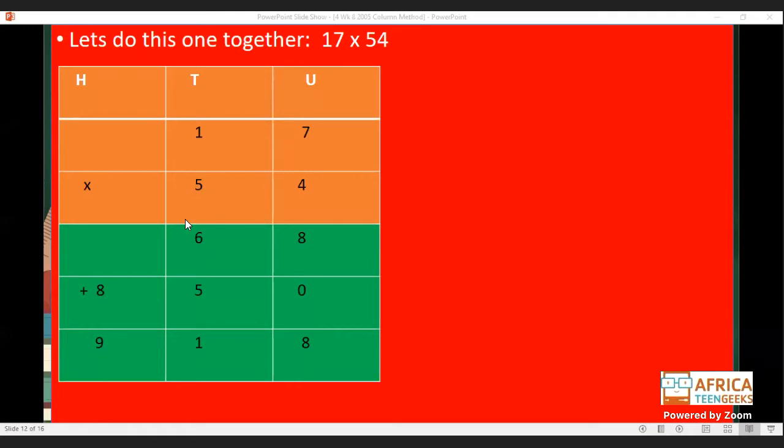Remember I said it's a 50? Because it's 5 tens. This is 5 tens, right? So it's a 50. So what do you put down? Before we multiply by 5, what is it that you must put down? 0. Yes, we must put down a 0.